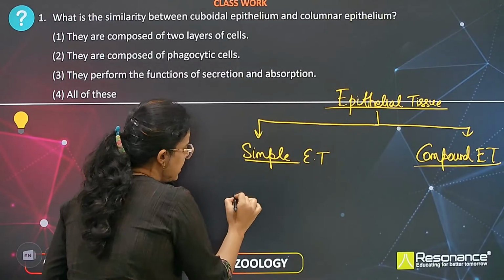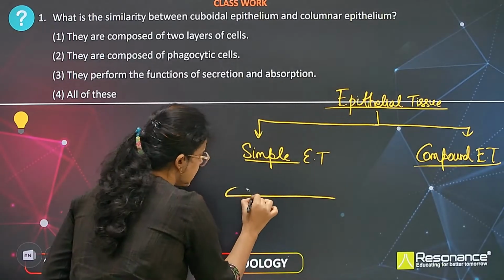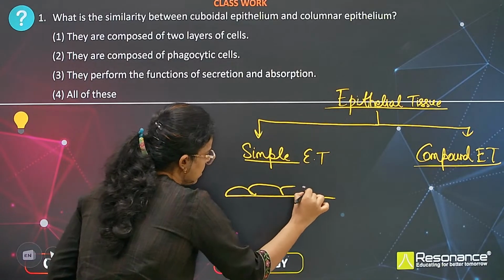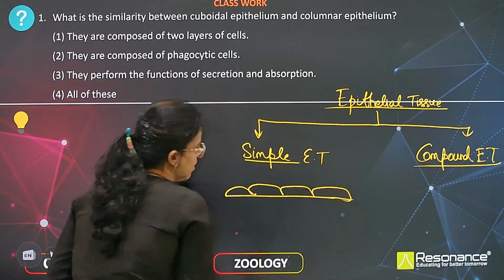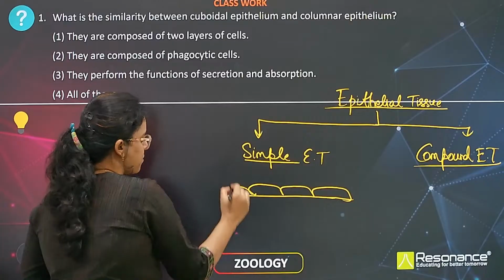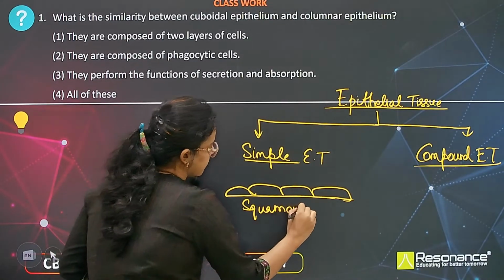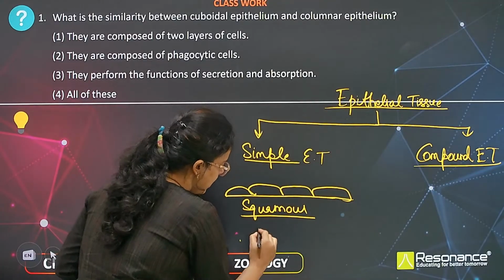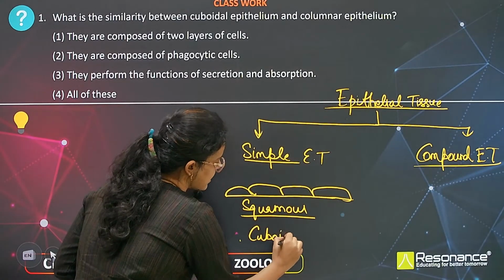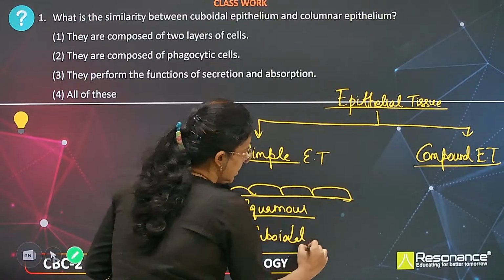Now this simple epithelial tissue is made up of a single layer of cells. So this is squamous epithelium. We have squamous epithelium, we have cuboidal epithelium, cube-like cells, and we have columnar.